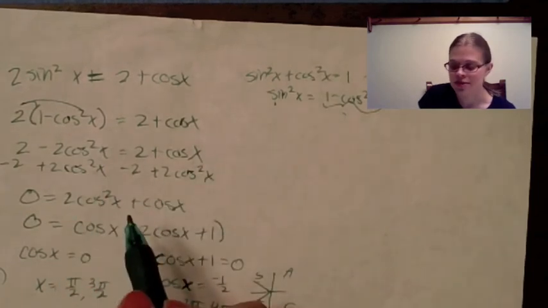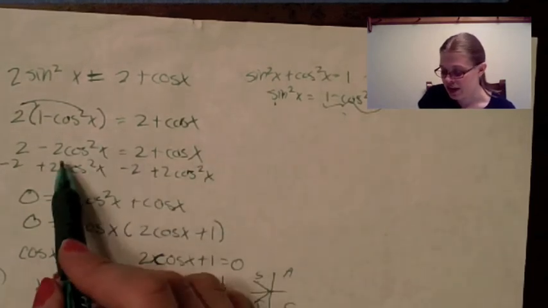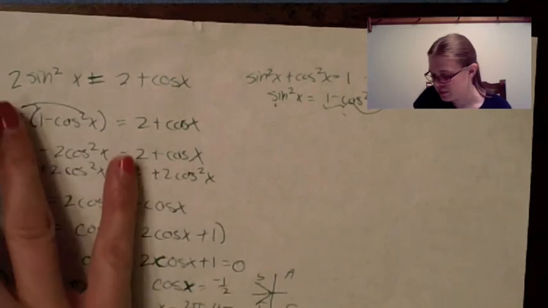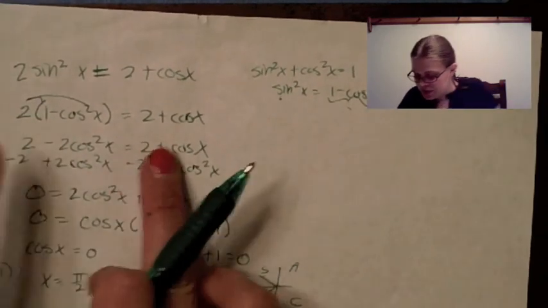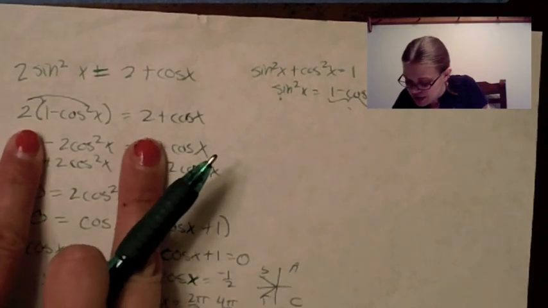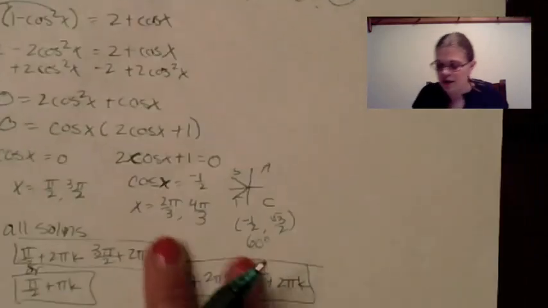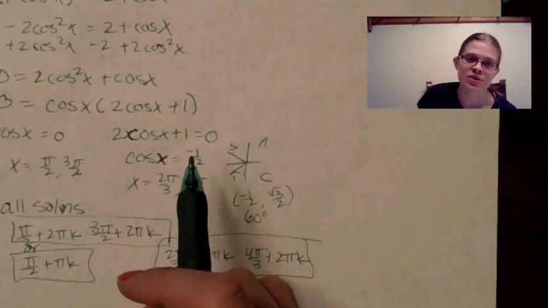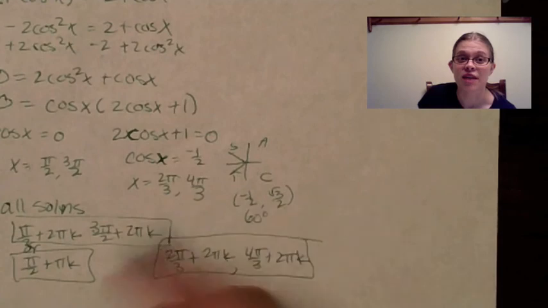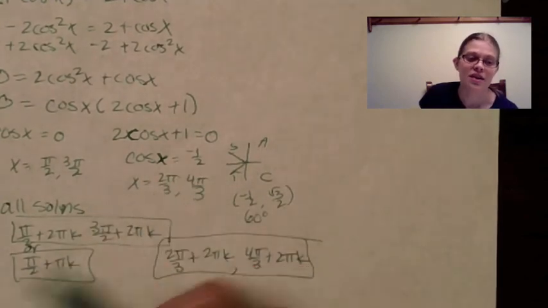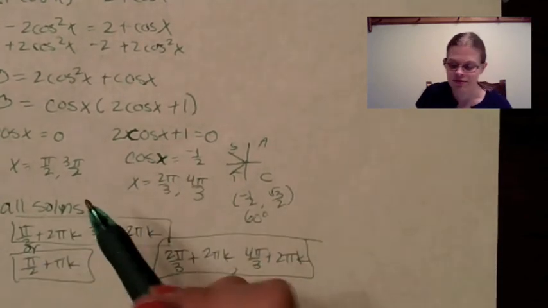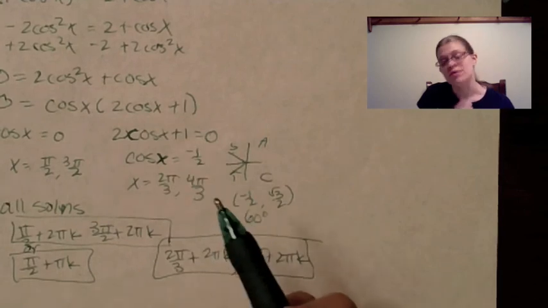If I were to pretend the 2's weren't here and I tried to divide by a cosine, you would miss some answers because you divided by a cosine. So rather than divide, you want to factor it out, set that factor equal to 0, and solve. That's what you need to do.